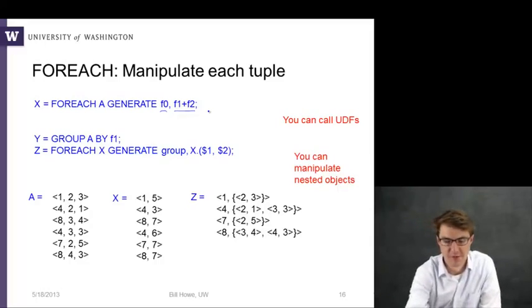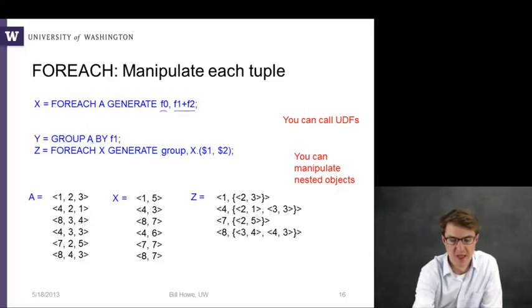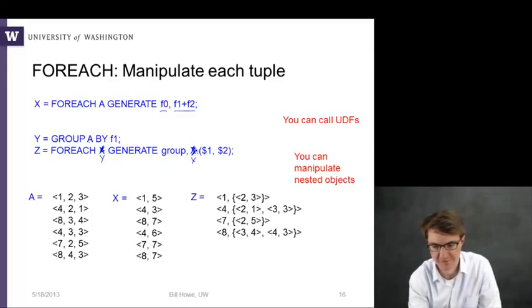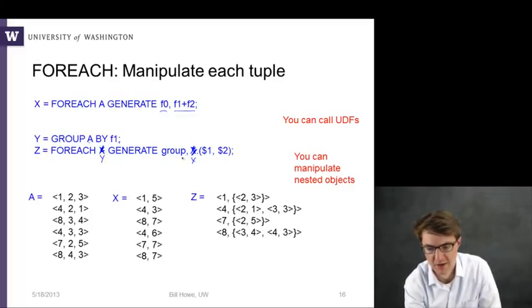Another example: first we group A by F1, just like we did in the previous slide. Excuse me, this should be Y. And then foreach Y, generate group.